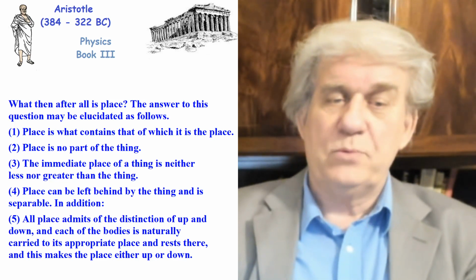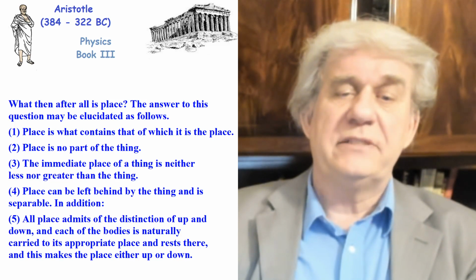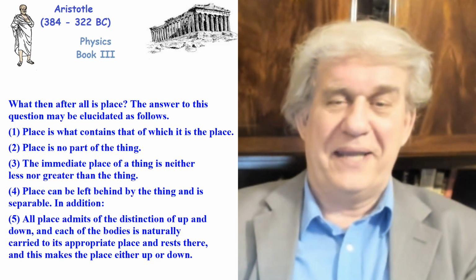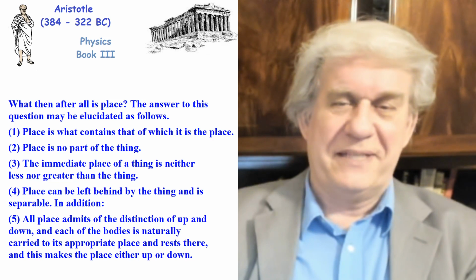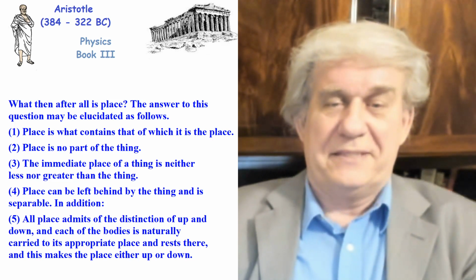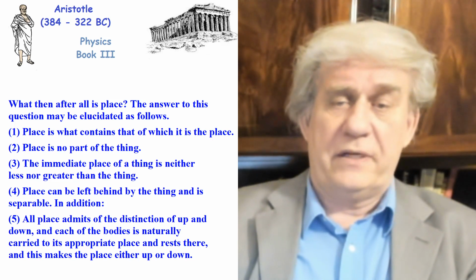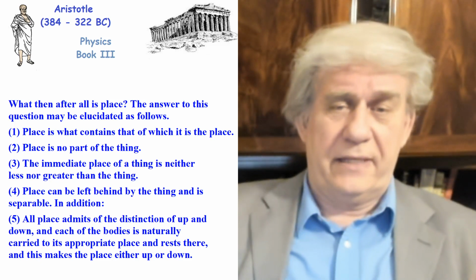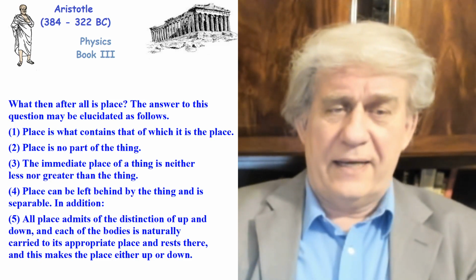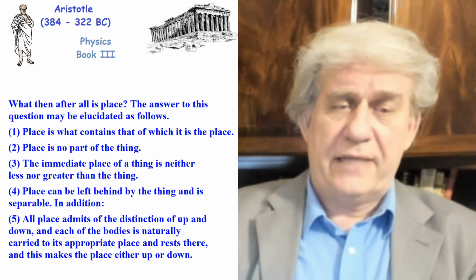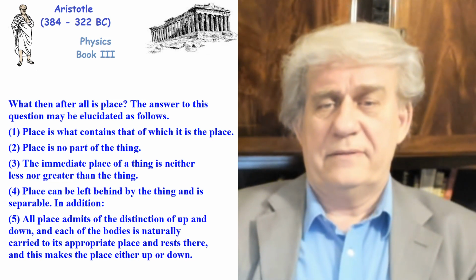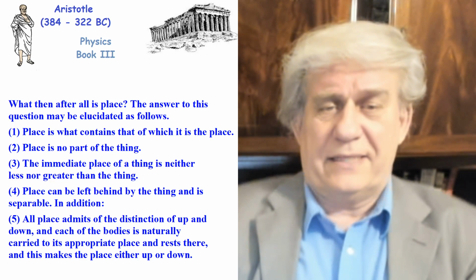He says, place is what contains that of which it is the place. Place contains the something that's in the place. Place is no part of the thing. Two separate things, the thing and the place, right? The immediate place of a thing is neither less nor greater than the thing. So it's the same size, I guess, that's what he's saying.